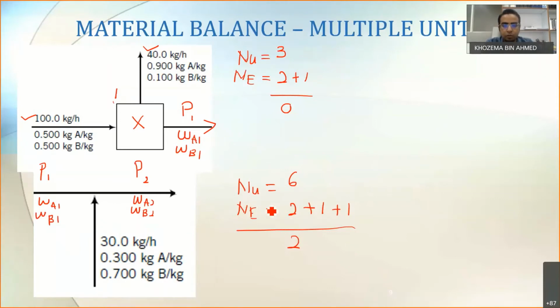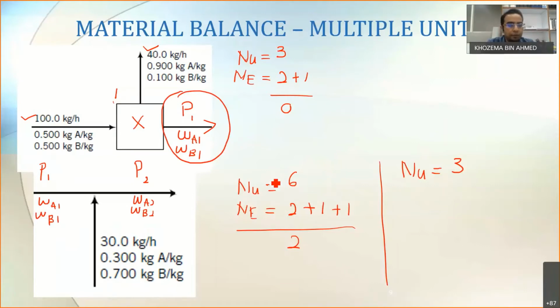Unless, the only way I can solve is that I have two additional pieces of information. So let's say if I do another method, another degree of freedom, I say that my unknowns is equal to 3 only. So how did I get this 3? I'm assuming that first of all, I have solved for unit X. If I solve for unit X, I can already get these values. So these 3 values here, the P1, W1 on the mixing, are no longer my variables. They are the known values. So the only variables I have are my P2, WA2 and B2.